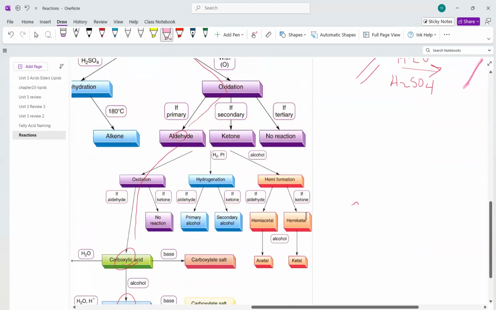Okay, so here's the acid, and we're going to oxidize an aldehyde.